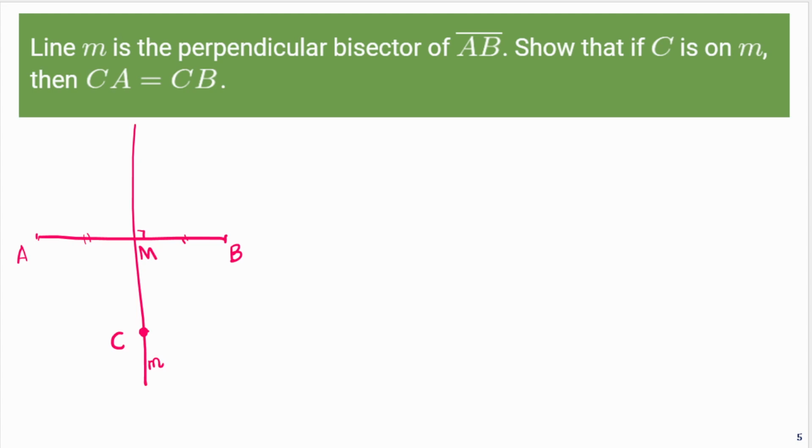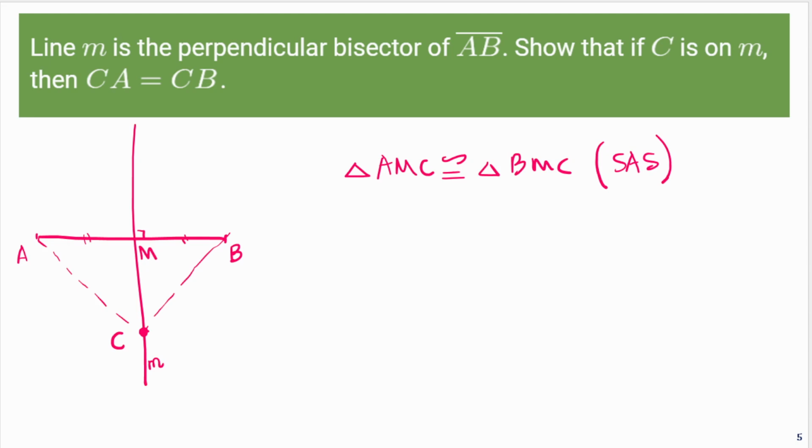Of course, we know if C is on top of M, CA is equal to CB because M is the midpoint, right? If C is any point other than M, can you also show CA equals CB? Well, actually, if we connect AC and BC, then we can easily prove that triangle AMC must be congruent to triangle BMC by using SAS congruence, right?